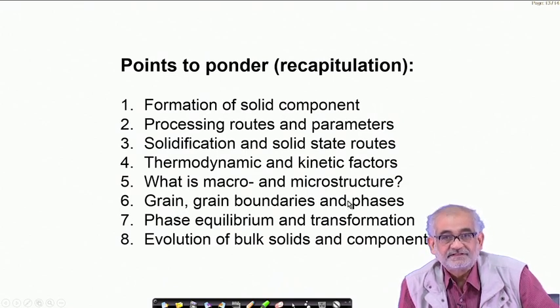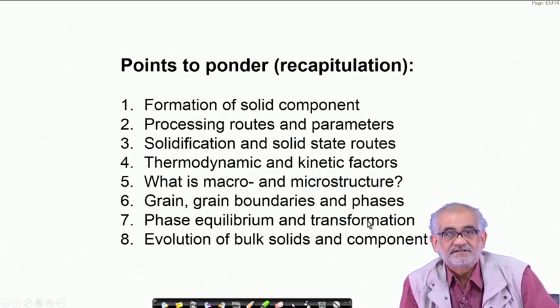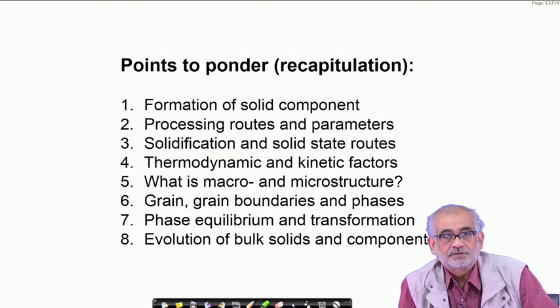So what we reveal in terms of microstructure comprises grains, the boundaries, and various shape, size, morphology, and volume fraction of the phases. And these phases or the phase aggregates are embodied in the concept called phase equilibrium and phase transformation, which is primarily governed by the stability index called Gibbs free energy, or to be more precise, the chemical potential of a particular species or component in a given phase or in a given phase aggregate.